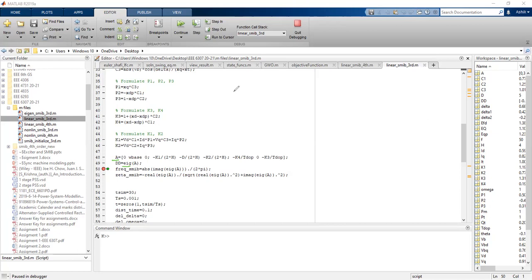Otherwise, if you want to check it by hand calculation, you have to calculate the determinant of SI minus A, where S is the Laplace operator, I is an identity matrix or unit matrix, and A is your system matrix.